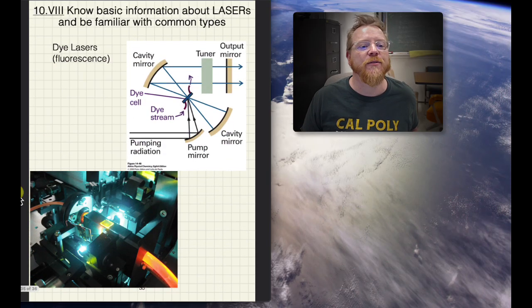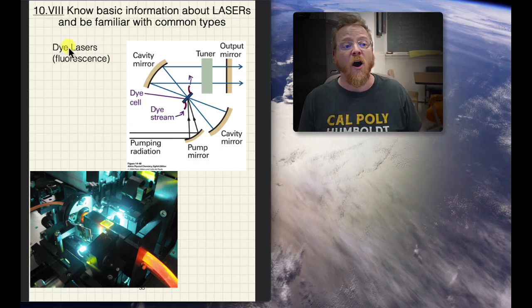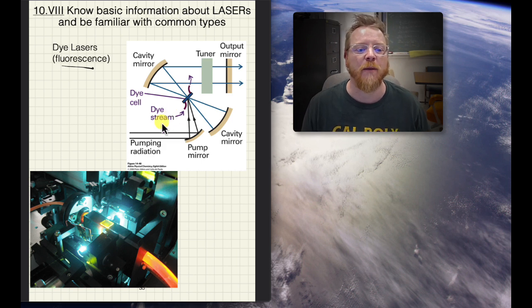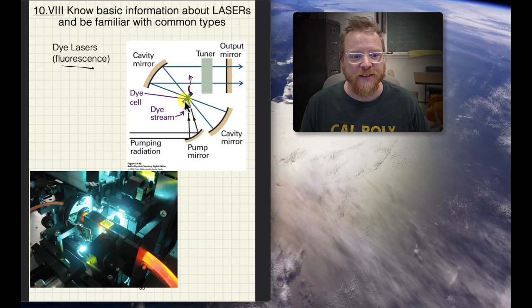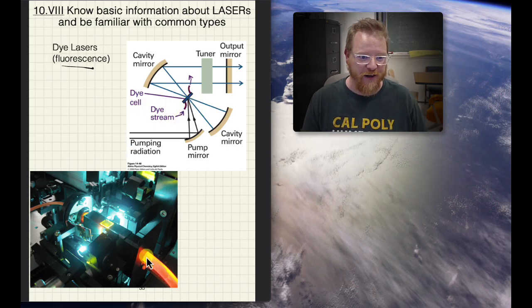So another type of common laser, which is a little bit older but still used commonly, are dye lasers. And these take advantage of fluorescence. So typically you'll have some type of fluorescent dye that is flowing into some cuvette. You can see I've got a picture of one right here. So you can see these tubes right here.